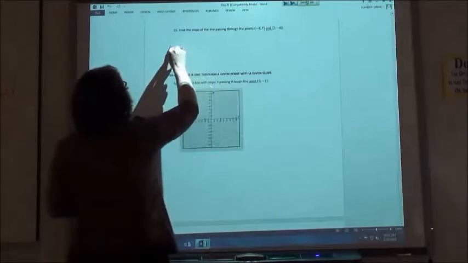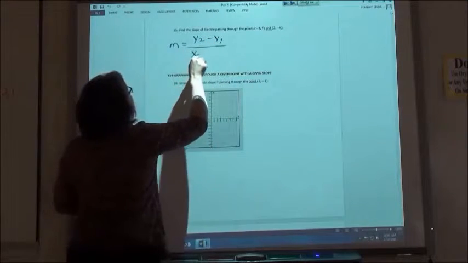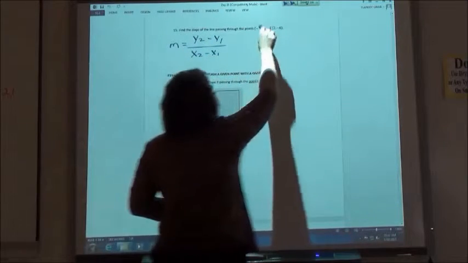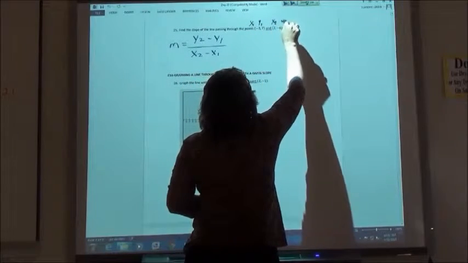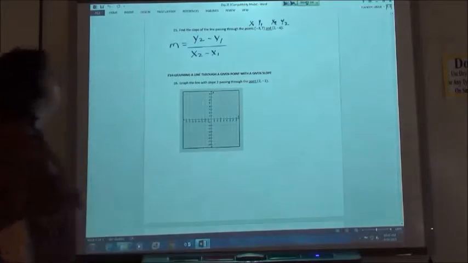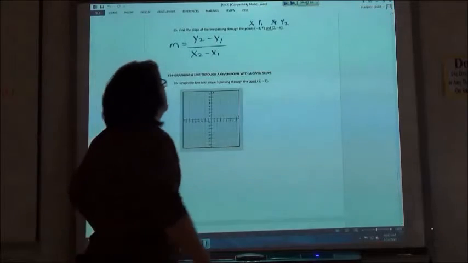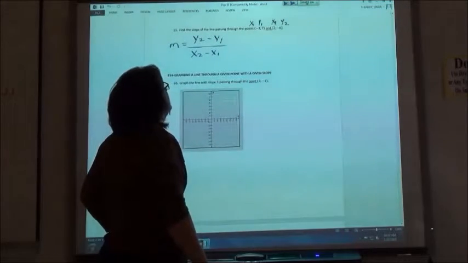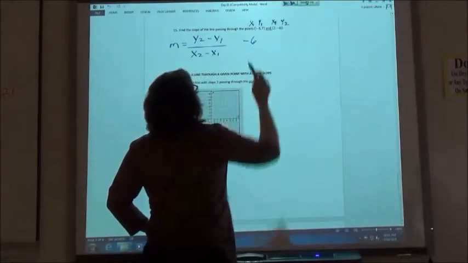Okay, so if I want to find the slope on number 15, so it's going to be -6 plus 7.